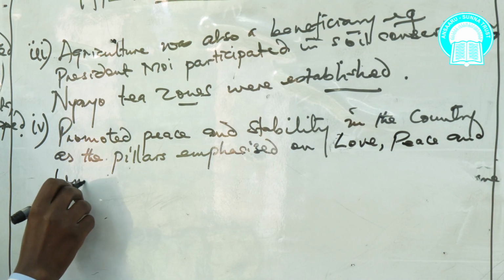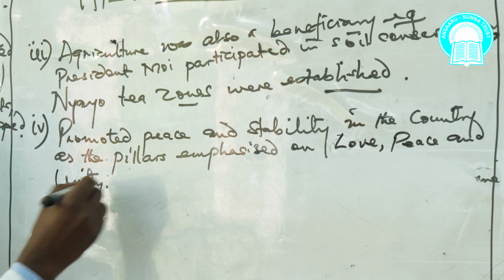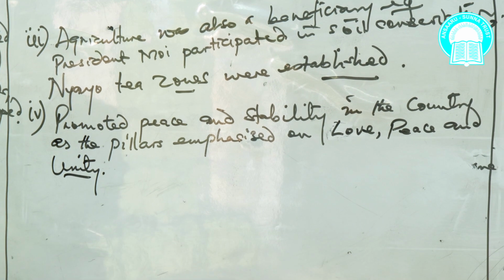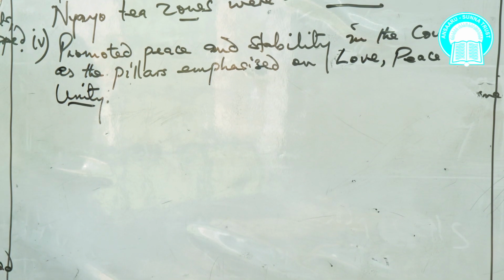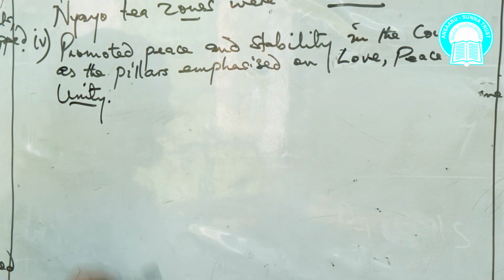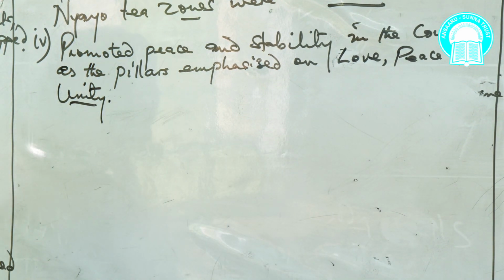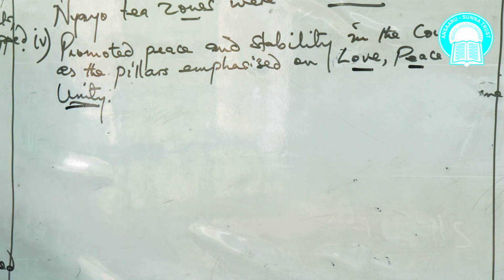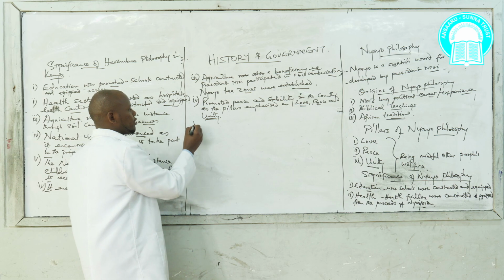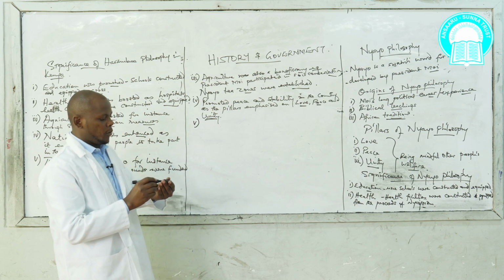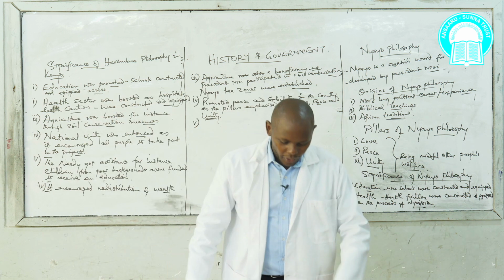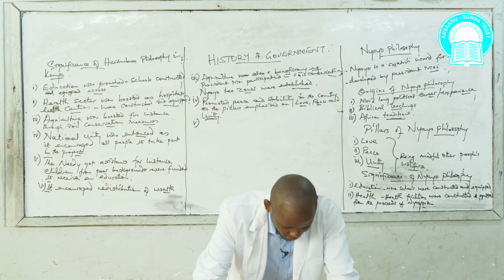So during Moi's regime, it was the most peaceful era in this country. Why? Because the pillars of his philosophy were love, peace, and unity. So in this country, the most peaceful time was between 1978 and 2002 when the president was there.